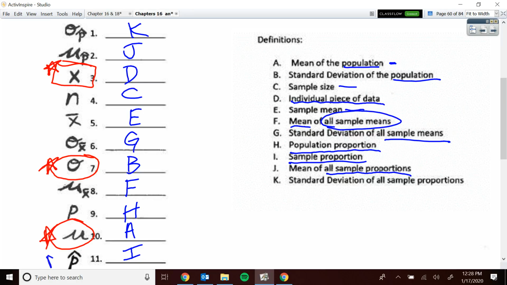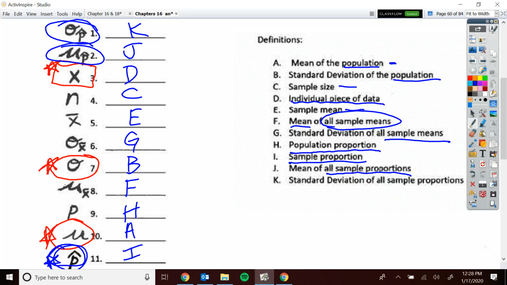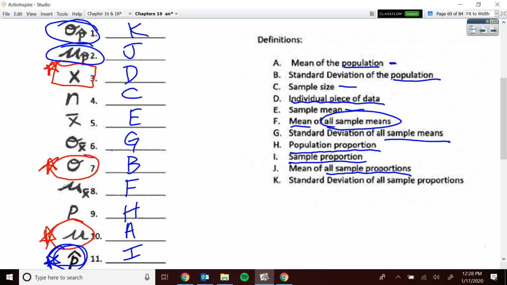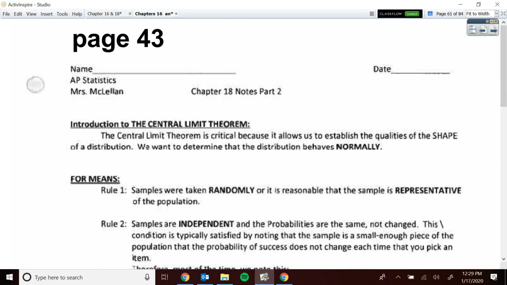All of these p-hats have the mean of the p-hats and the standard deviation of the p-hats. And finally, how about the x-bars? All of your sample x-bars go with the mean of x-bars and standard deviation of x-bars. Okay, so that's what's happening for you to be able to read a problem and also write out your notation correctly. Very good.